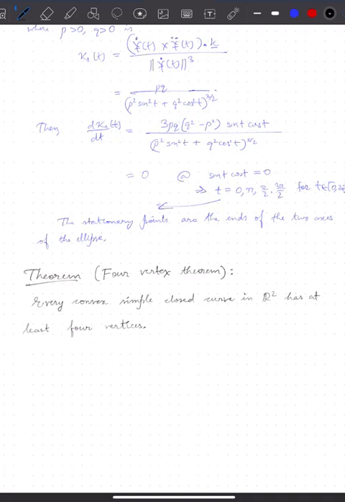And that is the case for an ellipse. The proof is in the book by Pressley, and we are not going to discuss it as of now due to the shortage of time. Of course, I would be very happy to discuss it if you have any thoughts on following through the proof.